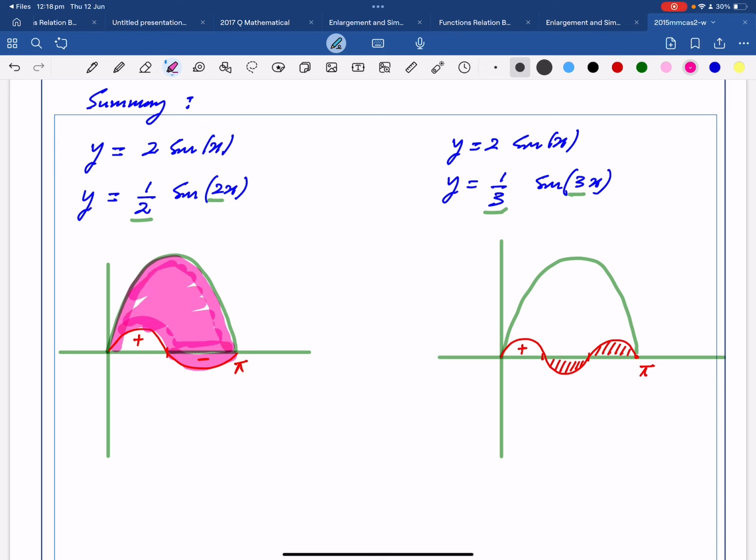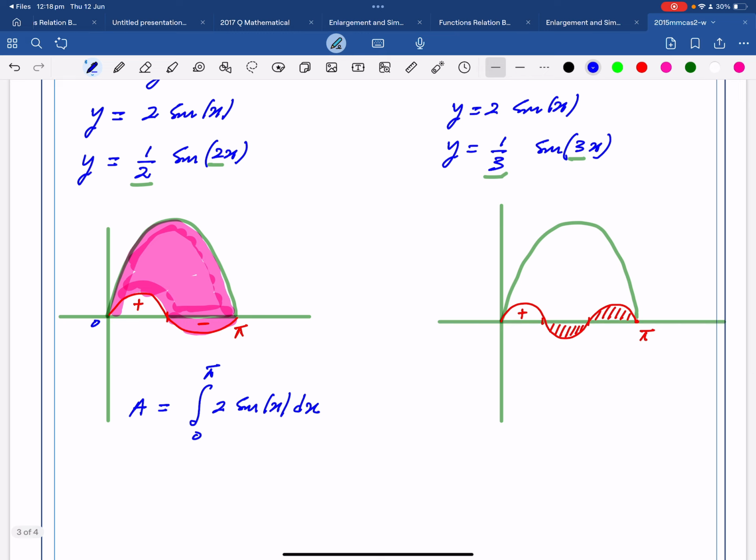As we discussed before, you can directly say that the area is equal to the integration from 0 to pi of 2 sine x dx. But in this case, how do you find the area? If you want to find this part, then you obviously have to subtract that one. So how do you find this coordinate over here?